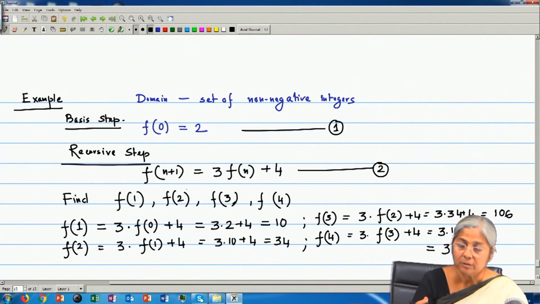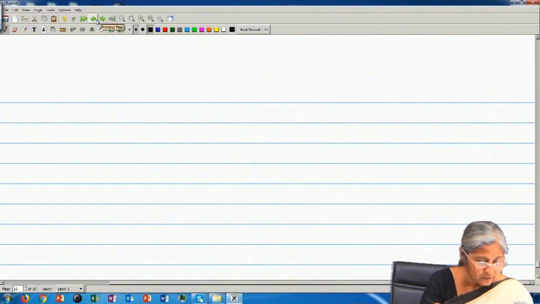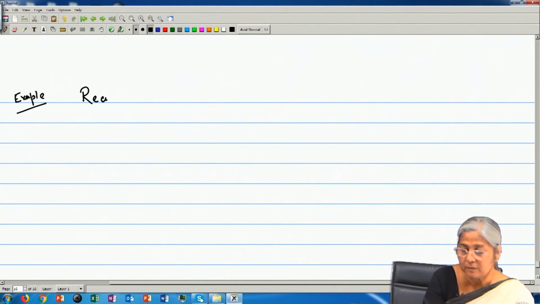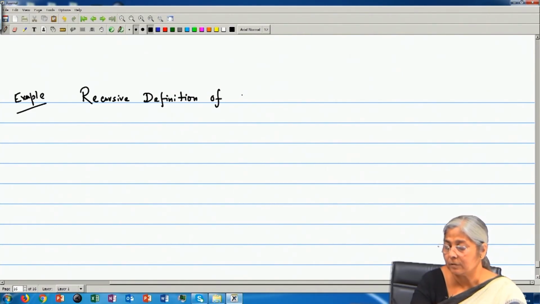Now, we see a very simple example that all of us know: how to compute factorial n. So, another example we see, the recursive definition of factorial n.